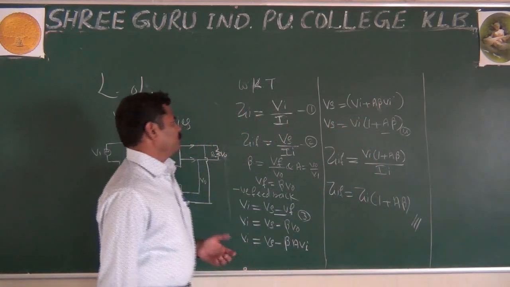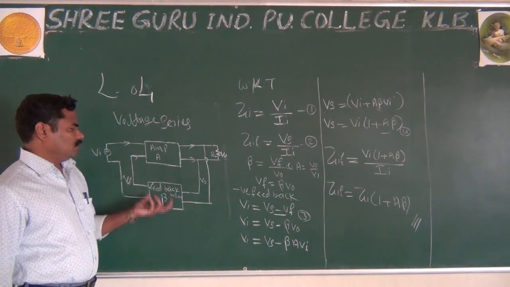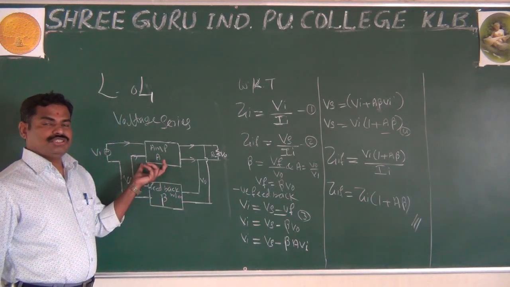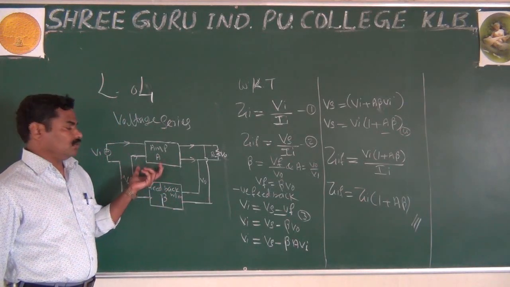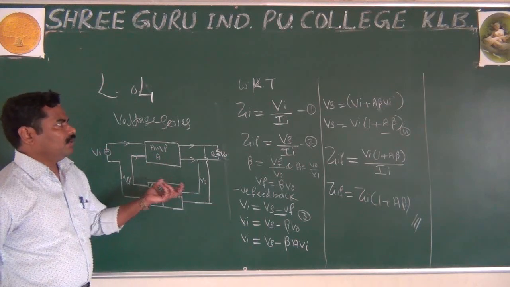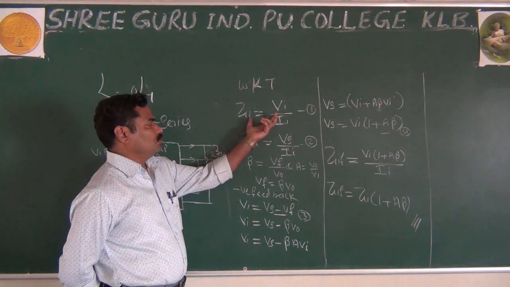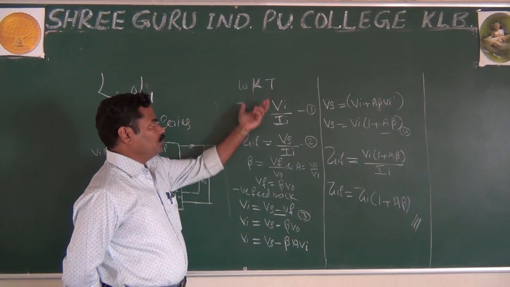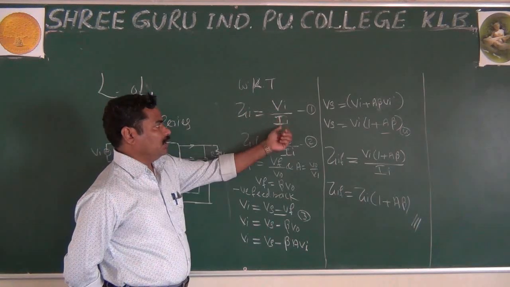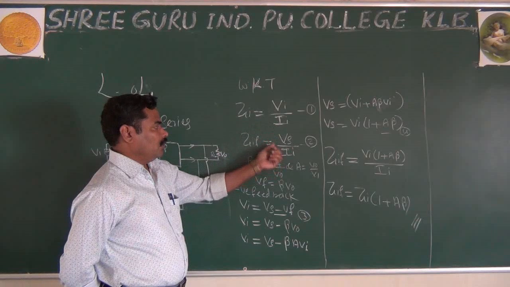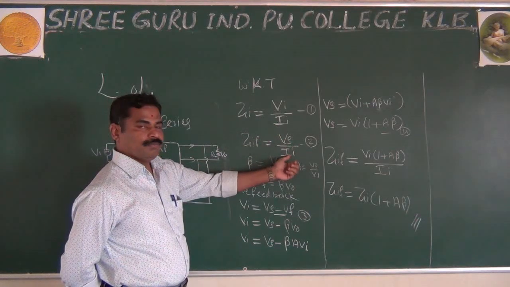Very simple. As we know, for the voltage series feedback topology, first you draw the diagram. Then we know that input impedance is Vi by II without feedback, and with feedback it is Vs by II.